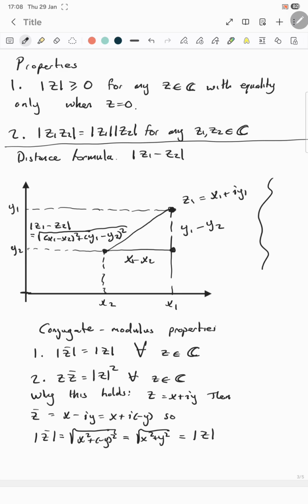We have conjugate modulus properties here. I should have boxed this off separately. This is just a visual depiction, which you should all be familiar with, this school stuff.